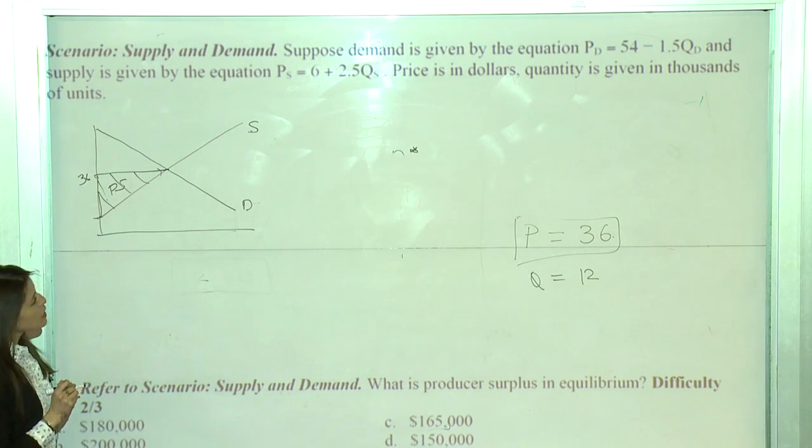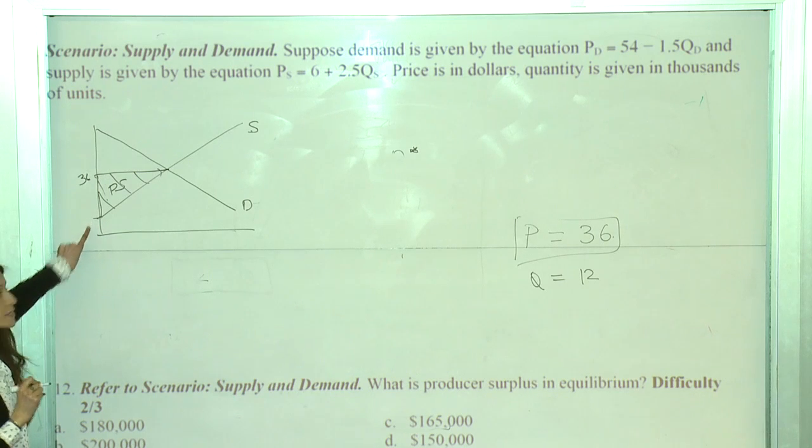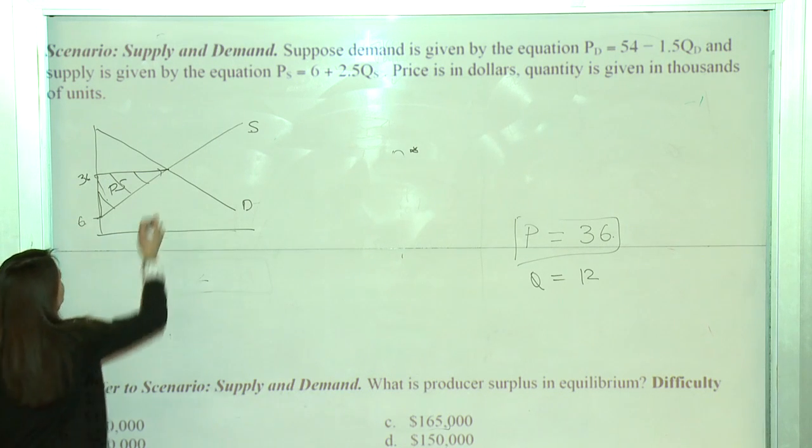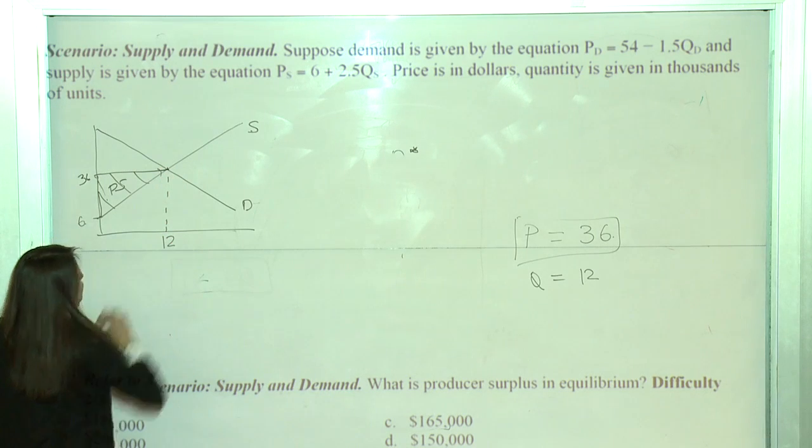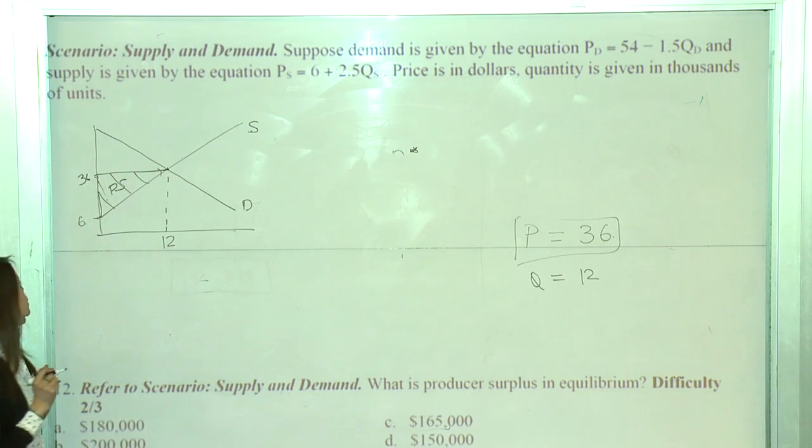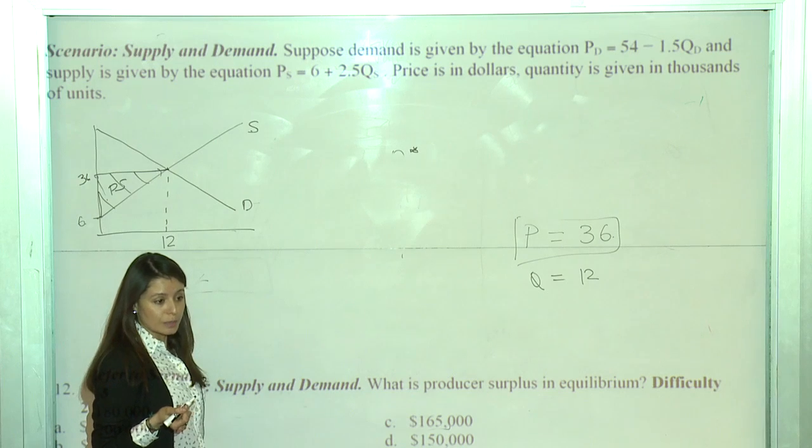I know that my intercept here is 6, right? And I know that my equilibrium quantity is 12,000, okay? So what is my producer surplus?